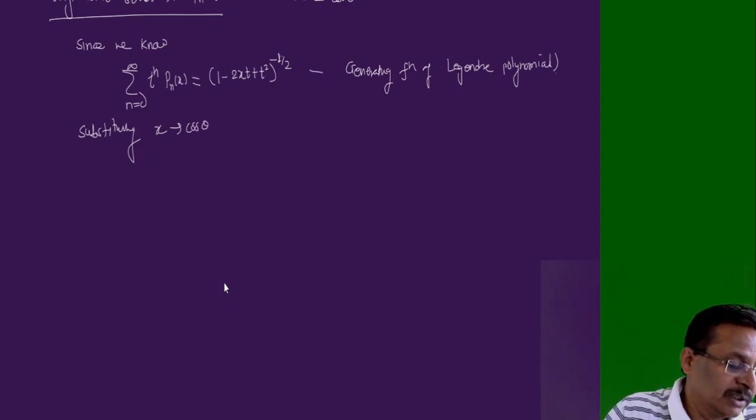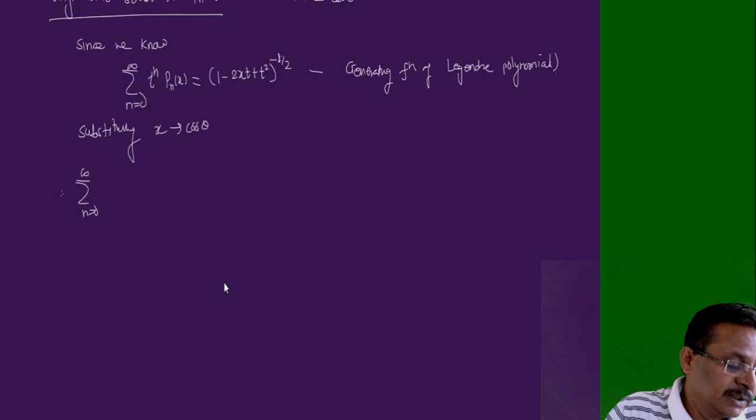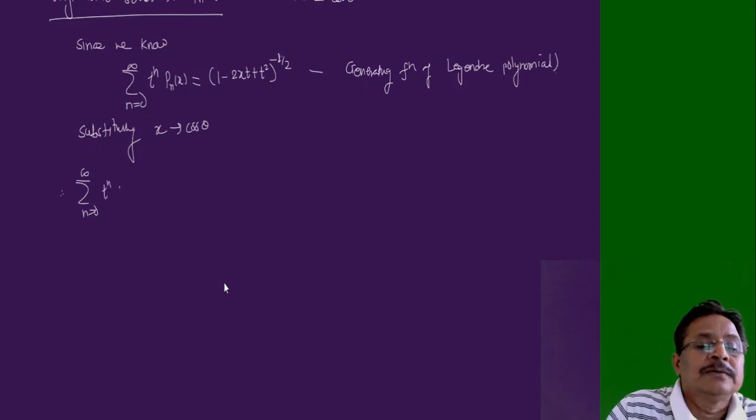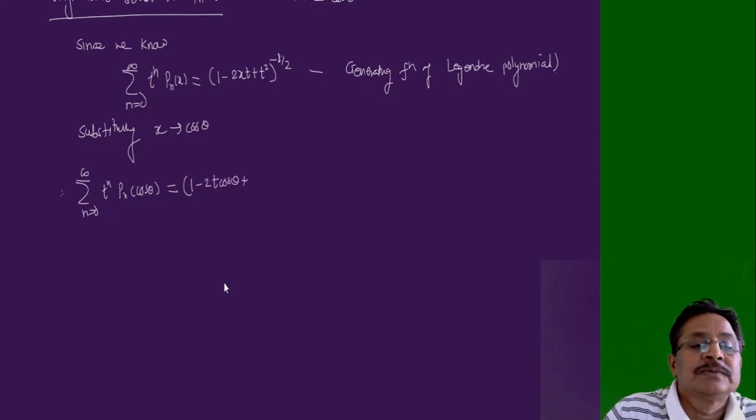Therefore we'll get summation over n equal to 0 to infinity of t raised to n P_n of cos theta is equal to (1 minus twice t cos theta plus t square) raised to minus half.